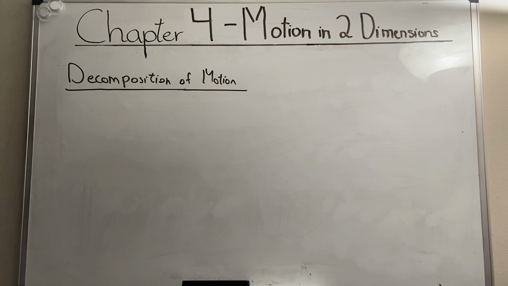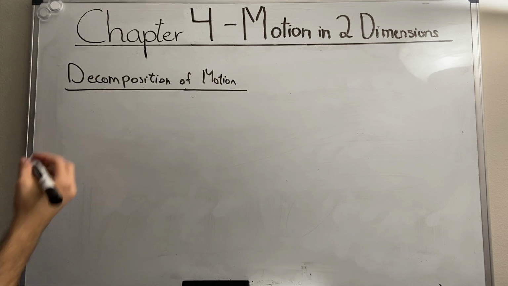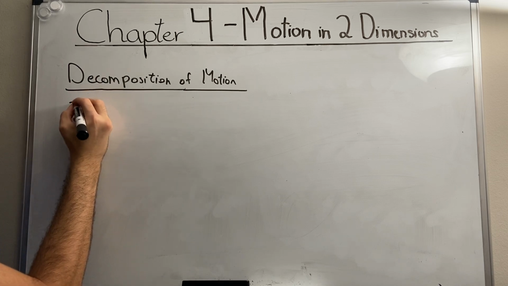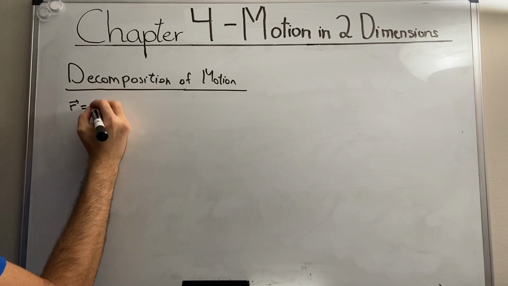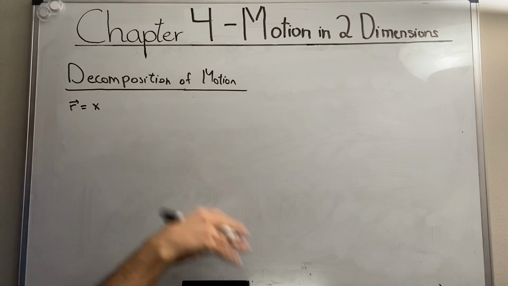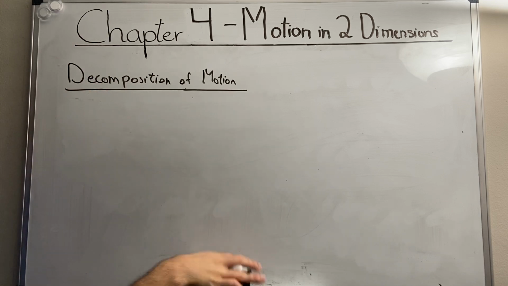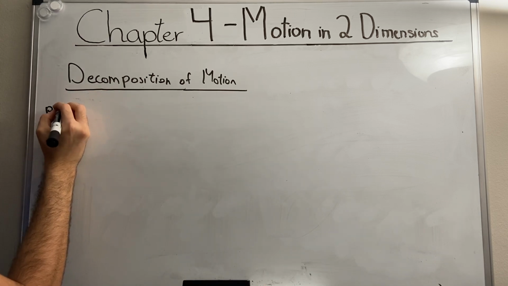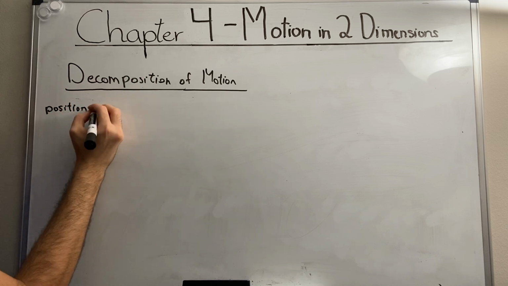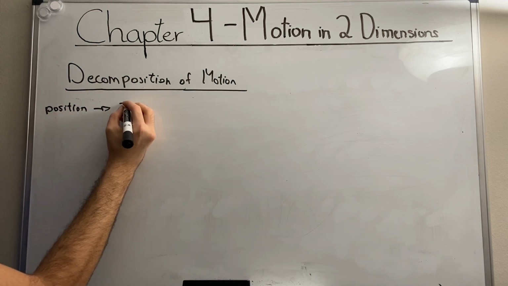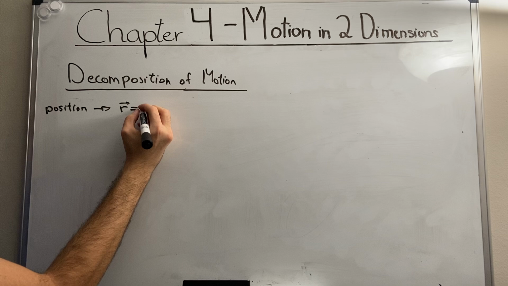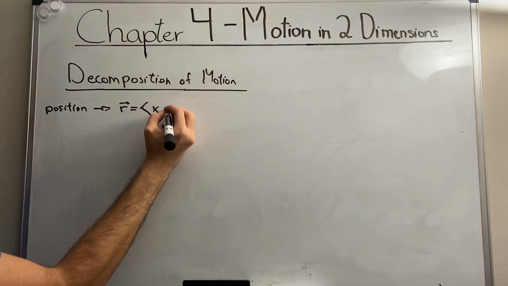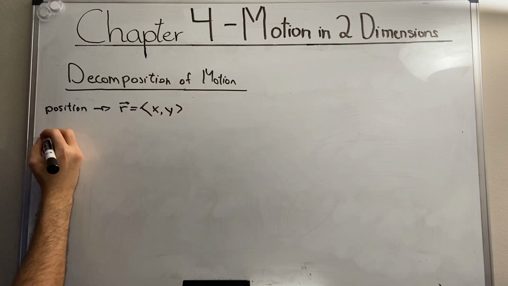Not really, actually. If you think about it, you don't have to memorize these formulas. They'll come to your mind immediately. As we were working before, this is position, right? I'm going to write it over here. Position is r equal to x, comma, y, right?